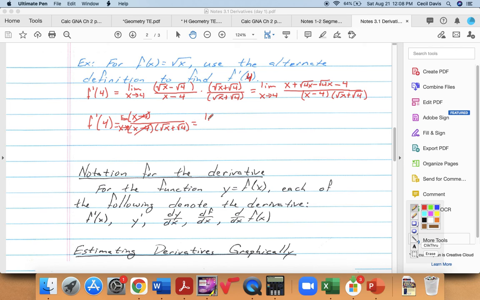So this is going to be the limit as x approaches 4 of 1, it's not 0, it's 1, over the square root of x plus the square root of 4. As x goes to 4, that's going to be 1 over the square root of 4 plus the square root of 4. That's 1 over 2 plus 2, which is 1/4.